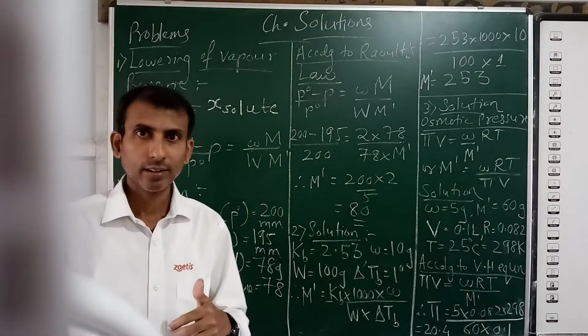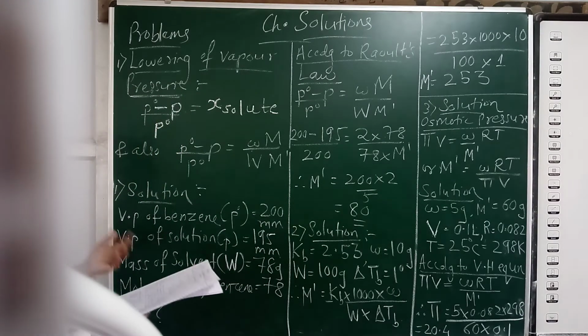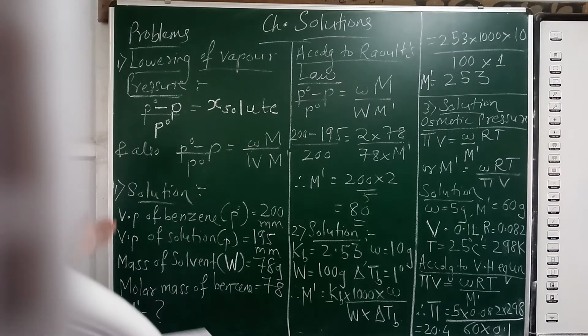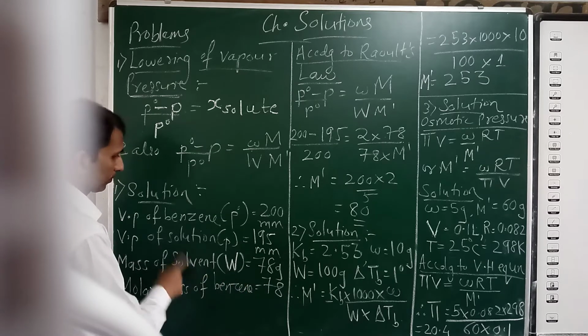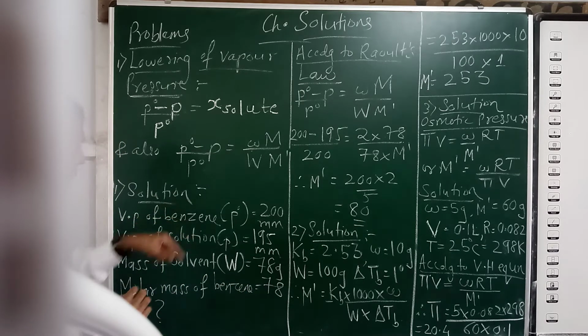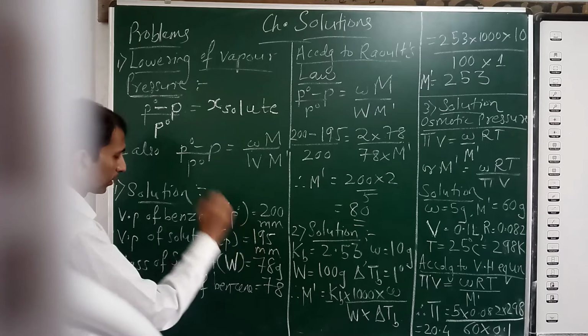So first we will write down the data which is given in the question. We have vapor pressure of benzene, pure solvent, 200 mm mercury. Then we have vapor pressure of the solution, which is containing 2 grams of solid, that is solute, in 78 grams of benzene solvent. And for that solution, the vapor pressure is 195 mm mercury.